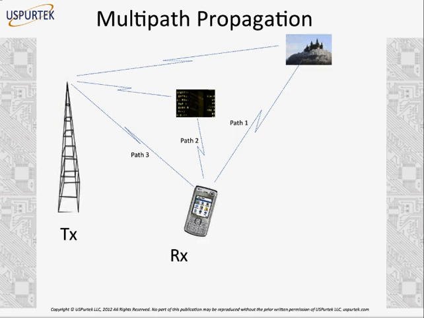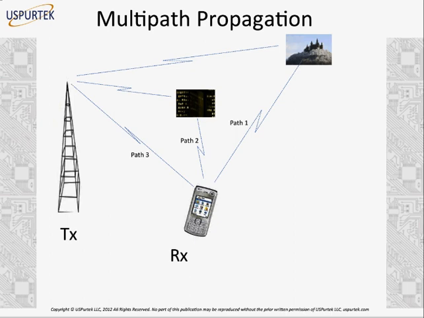Before we go into that, let's understand a little more about multipath propagation. This is a fact of life. With radio waves, you don't get a single signal, you get multiple signals. One comes straight from the transmitter, others are reflected. In the picture you see a mobile receiver receiving radio signal from three different paths. One is direct line of sight, the other two are reflected from a tall building and a hilltop.